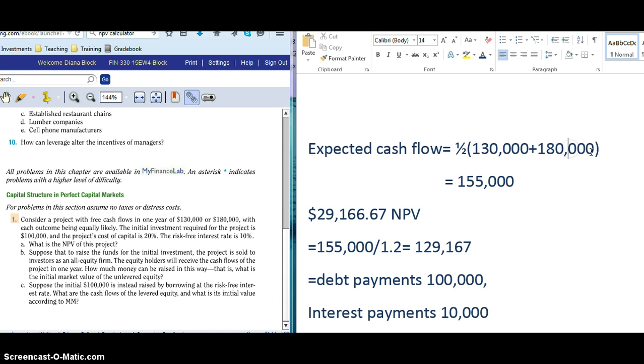If we have this $180,000 cash flow, which was equally likely, then we'll still have 100,000 to the debt payments and 10,000 to interest payments, which means there'll be 70,000 that'll go towards equity.